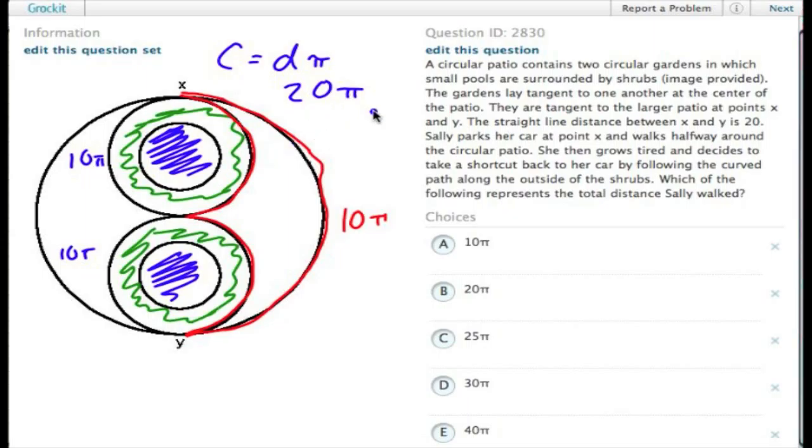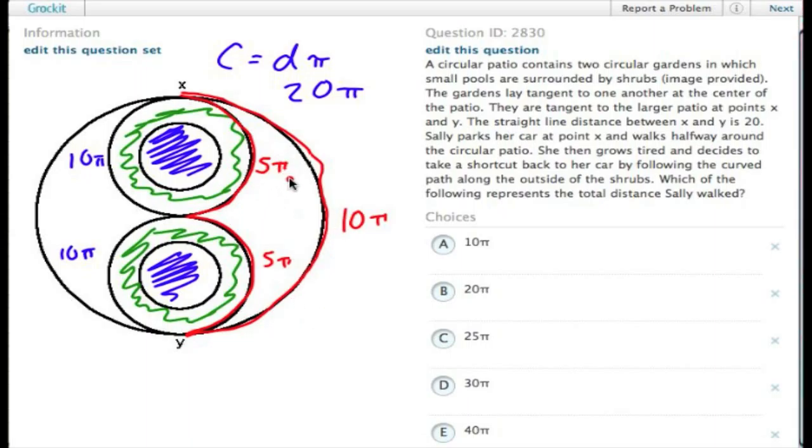It doesn't say exactly what units they are, just 20. Now, if the circumference of the whole smaller circle is 10 pi, then this would be 5 pi, since it's halfway around the circle, and then this would be 5 pi.